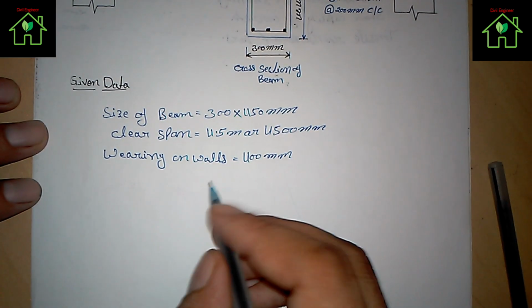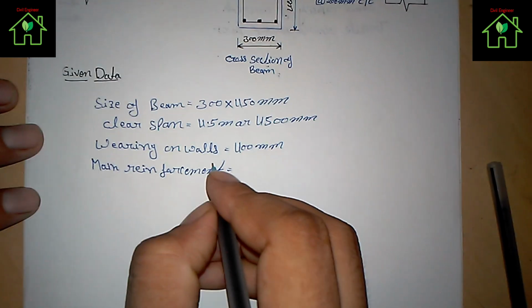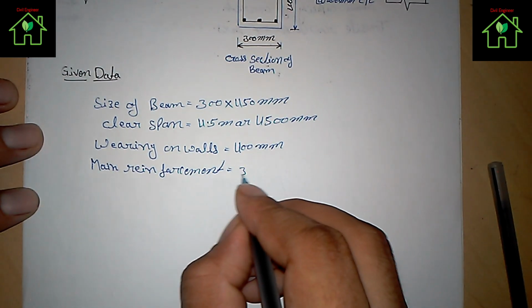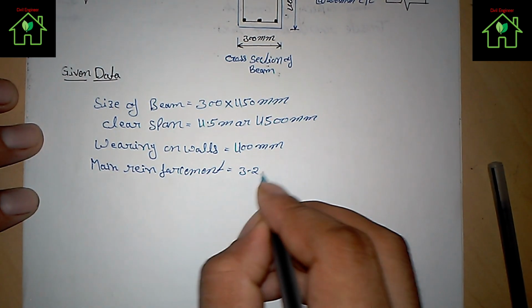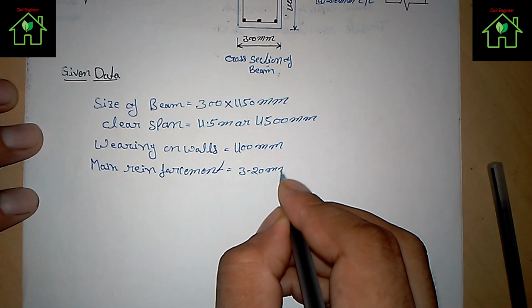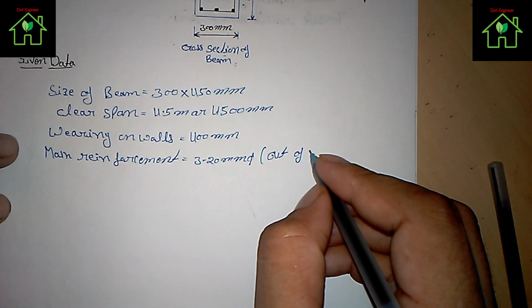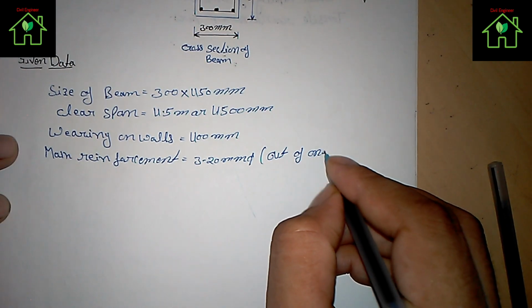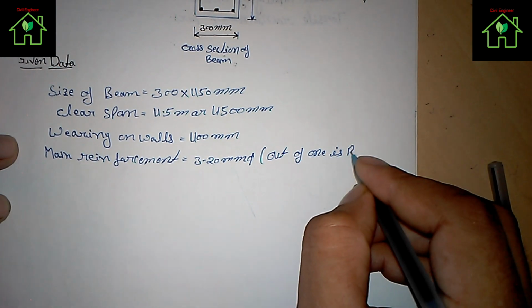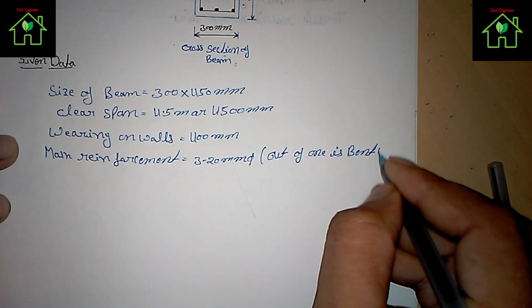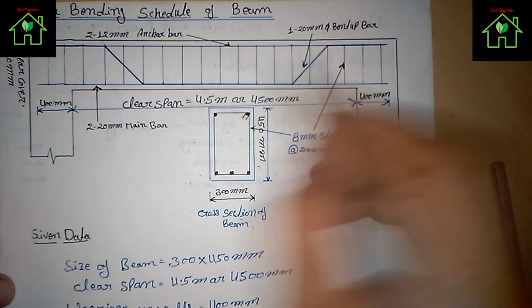Main reinforcement: 20 mm dia, out of which 1 is bent up. Here 1 is the bent up bar.